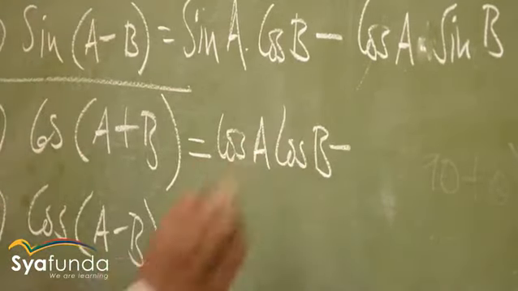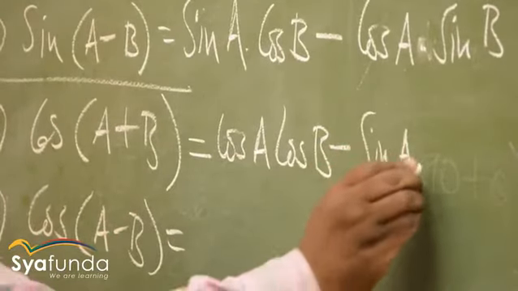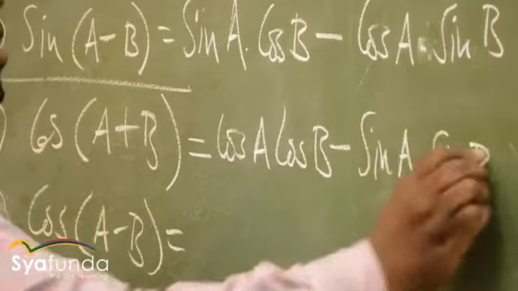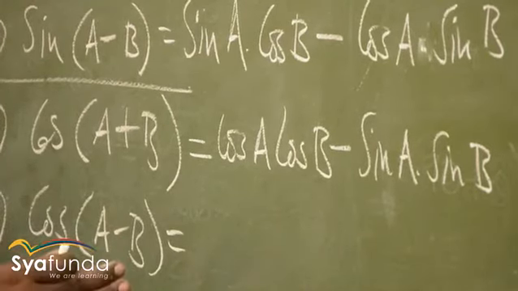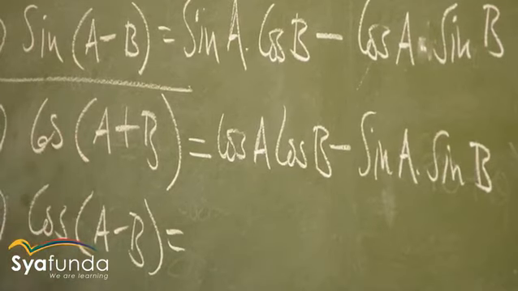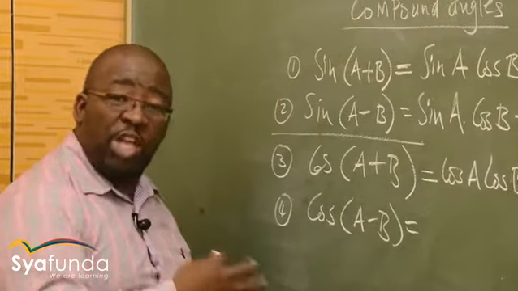So it's going to be minus. It's cos, cos, sine, sine. So it's going to be sine A times sine B. This is the formula that we'll use to solve a problem on compound angles for cos. The rhythm is cos, cos, sine, sine. You change the sign in between.